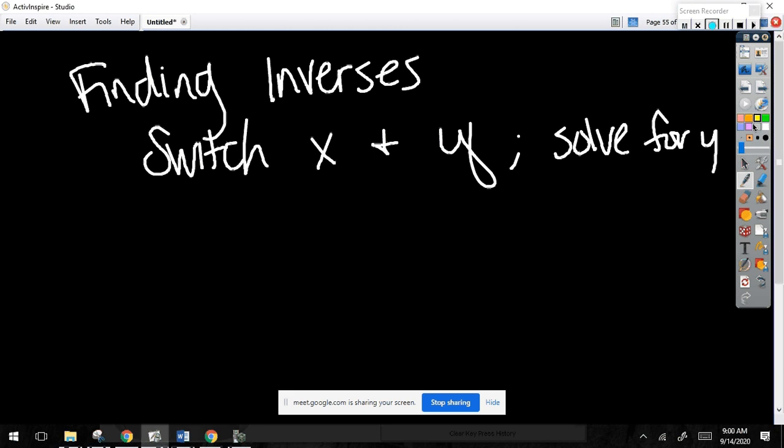Let's say f of x equals the natural log of x squared. Let's find out if it has an inverse.